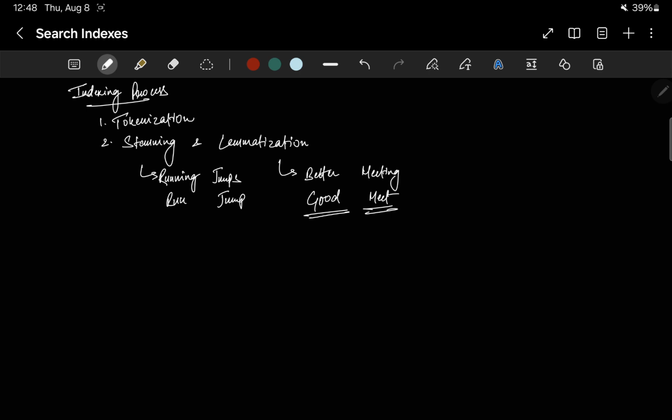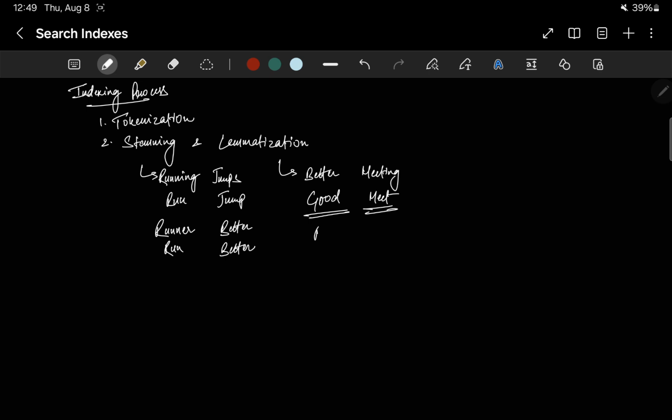Stemming just slashes the ending part. As I told you in the earlier video, if there was something called runner, stemming will make this also run, which is not right because runner is not a verb. You cannot make it a base form. Similarly, if there is a word like better, stemming will leave it as better, because there is no smaller base form for it. But lemmatization will make it its base form.